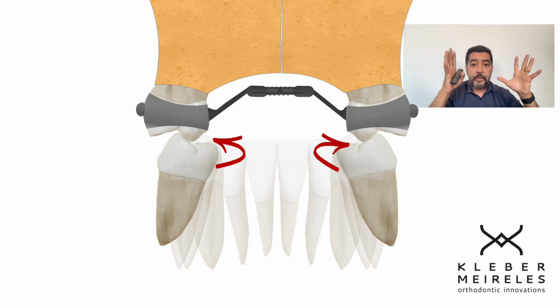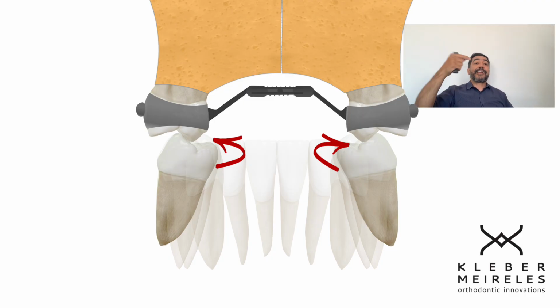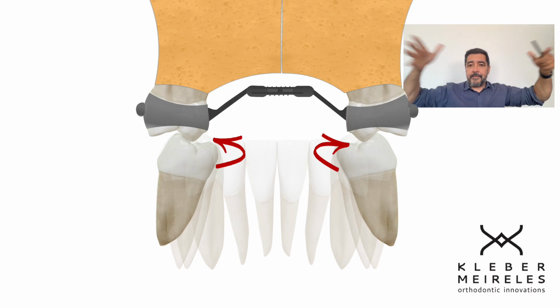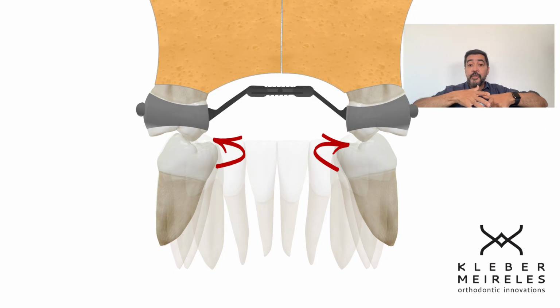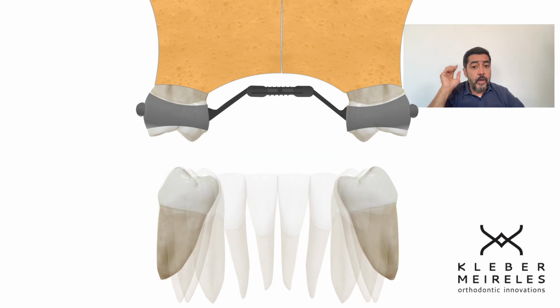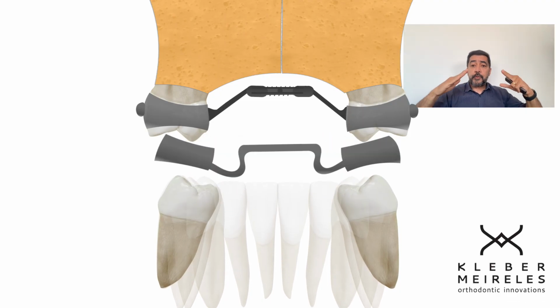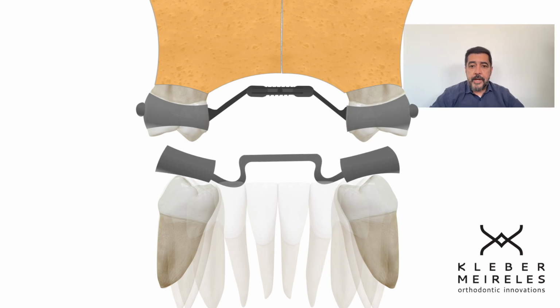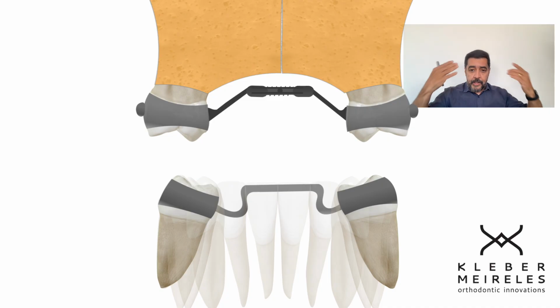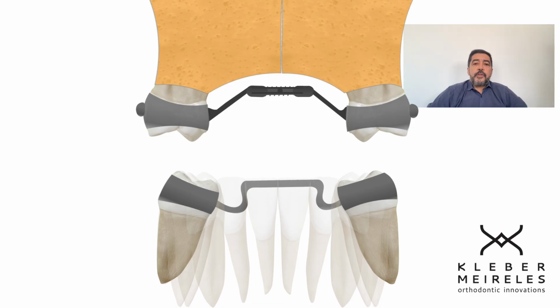So now I need to accommodate the transverse discrepancy that I generated by myself, because I thought it would be a good option to widen the upper arch. What happens now? We don't have a transverse problem in the lower arch; lower teeth are not lingually inclined. I now need to expand the lower arch with alveolar expansion.